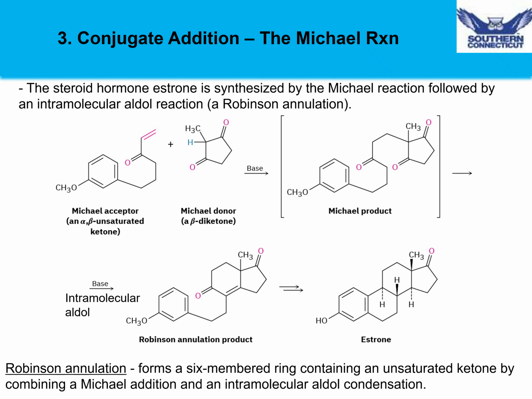So here's an example leading to the steroid here called estrone. It starts off with a Michael reaction involving this ketone, which would be a Michael donor. It's a 1,3-diketone to be exact. And it's a fairly acidic hydrogen here in the center.